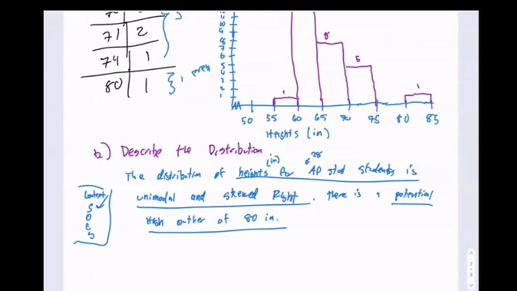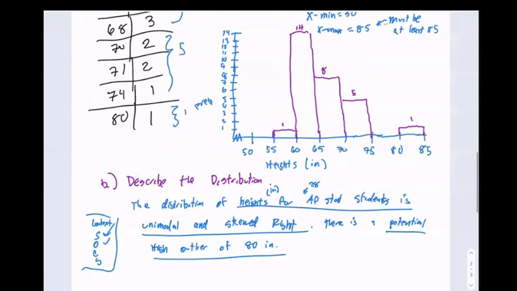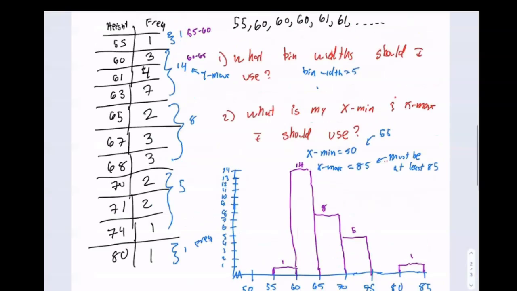Next thing, center. Now the focus on tonight's homework is not to find the 5-number summary, but you can. So you may want to input this data into L1 and L2, or input the data and find the 5-number summary.